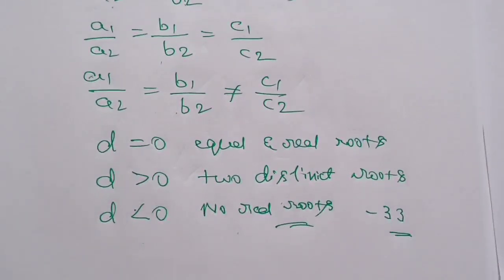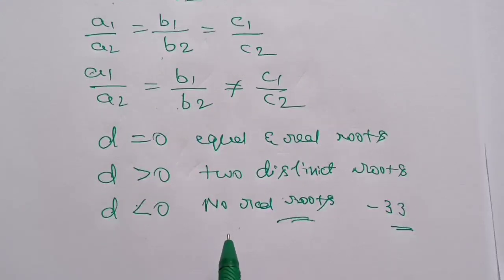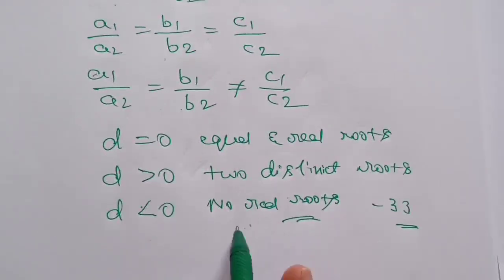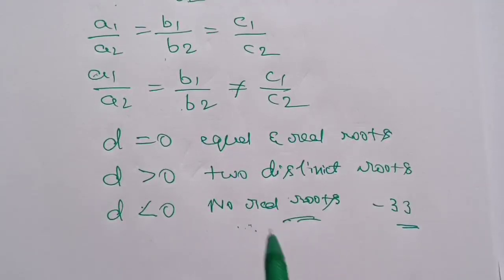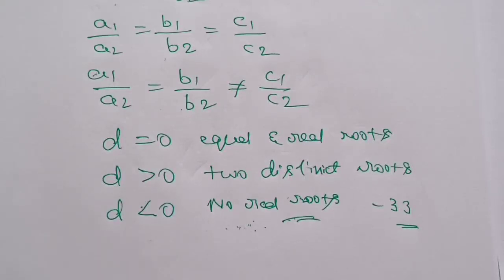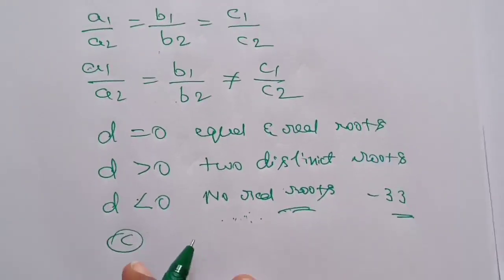Minus 33 means the equation will have no real roots. So the option will be C, no real roots. That is your answer. That option you need to shade.